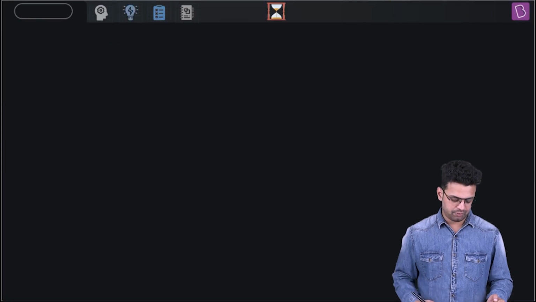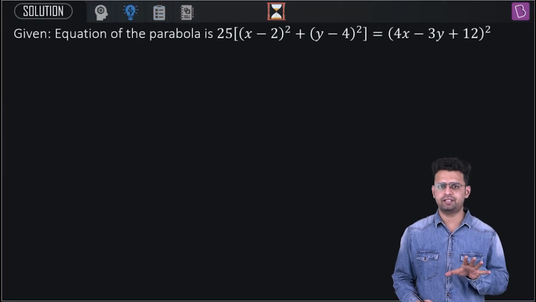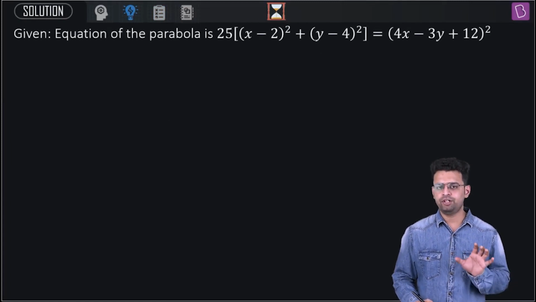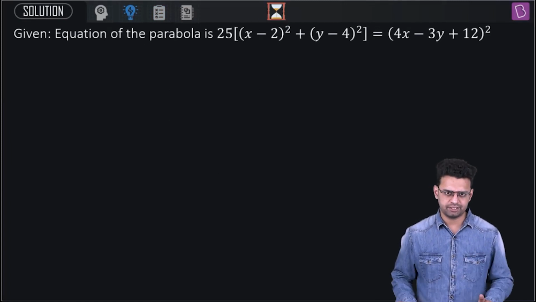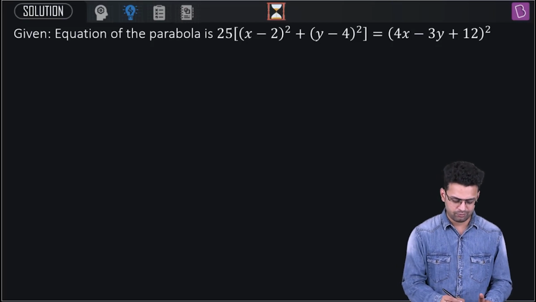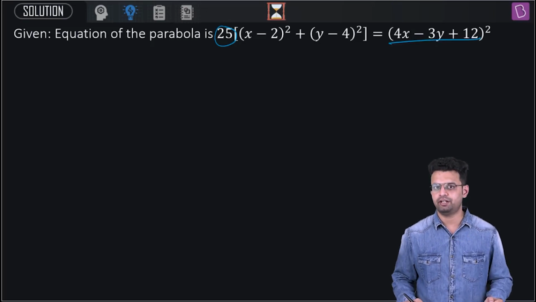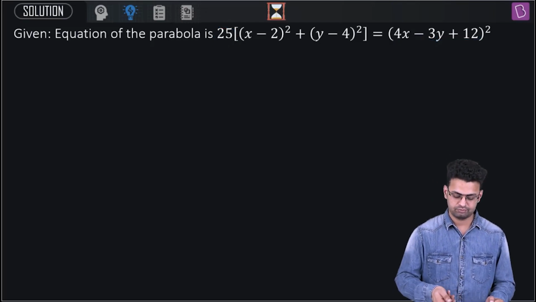Now moving to the solution part, I'm going to retain the equation of the parabola. I am going to do a bit of modification in this equation. First of all, I'm going to grab this 25 and bring it into the denominator of the left hand side.